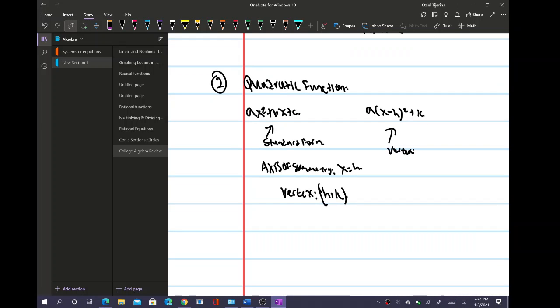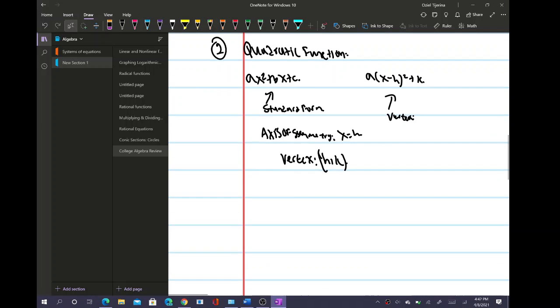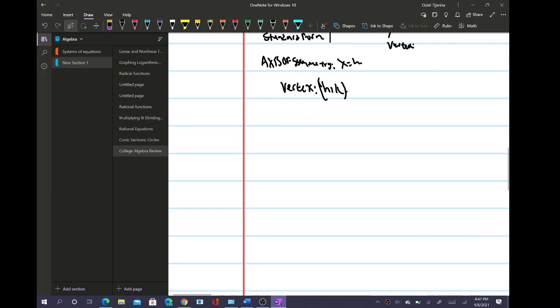We'll go more in depth on that once we get there, but the basic thing that you want to know is that these are the two different ways that you write a quadratic function. A polynomial function is of the form, so how do I say this?